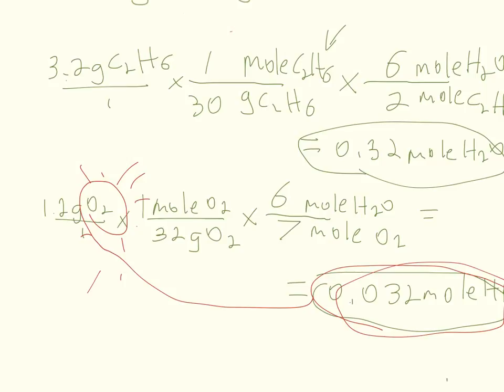A couple of things when you're doing this problem that you really want to make sure of. You'll notice in here I have included units for everything except that first one that you put underneath. That one doesn't need units, but everything else needs units. And when I say units, I mean it needs like gram or mole, and it needs the appropriate chemical listed.